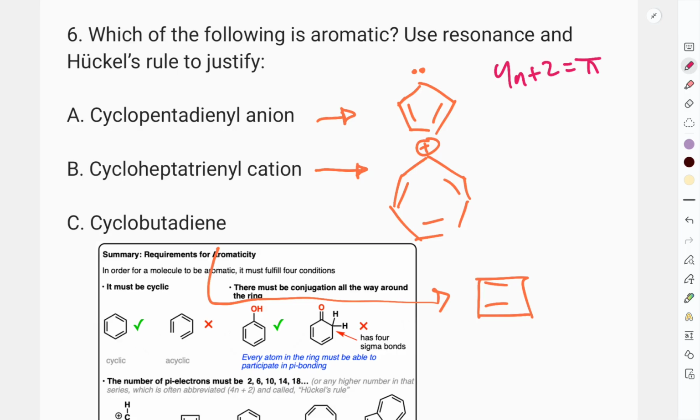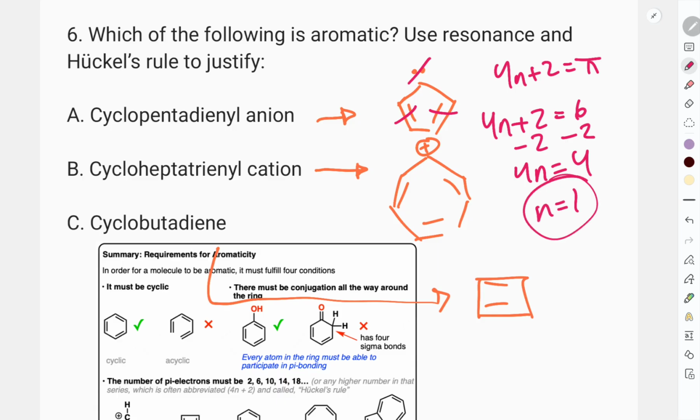So let's start with A. In this case, we have 1, 2, 3 areas of electron density. That will be 6 pi electrons. So that will be 4n plus 2 equals 6. I can minus 2 on both sides, which will make this 4n equals 4. And then n will equal 1. So in this case, this is not a decimal or negative, so this will be aromatic.